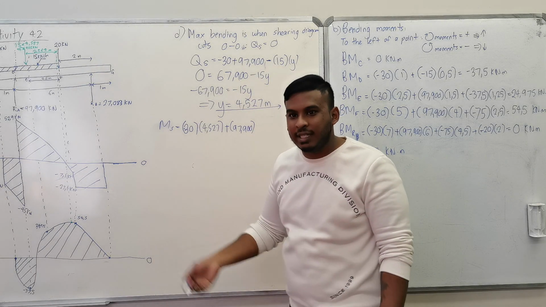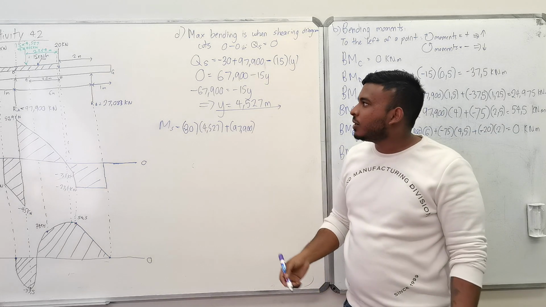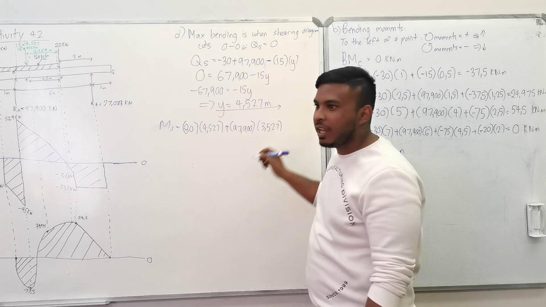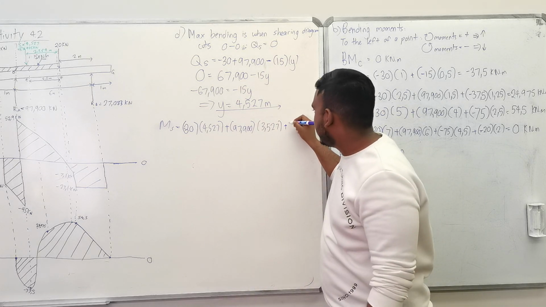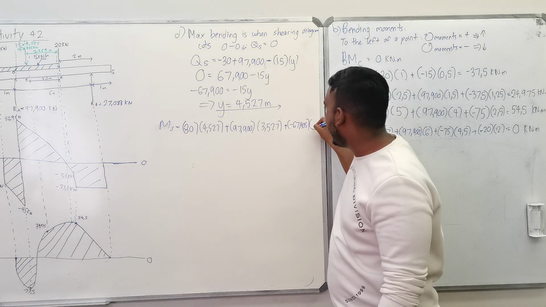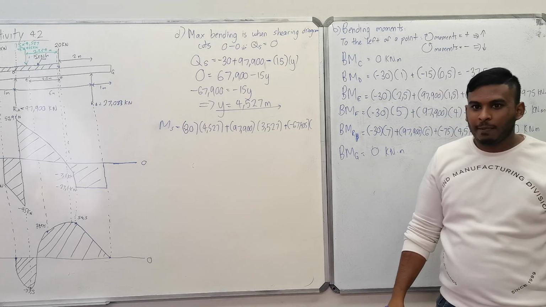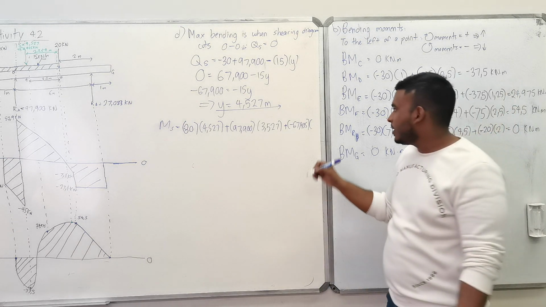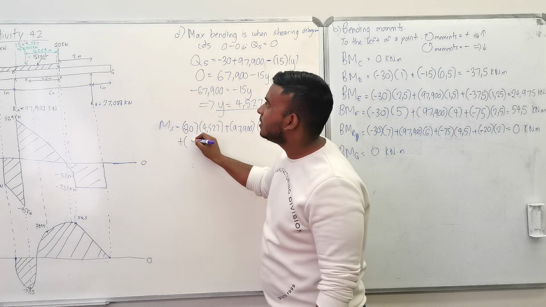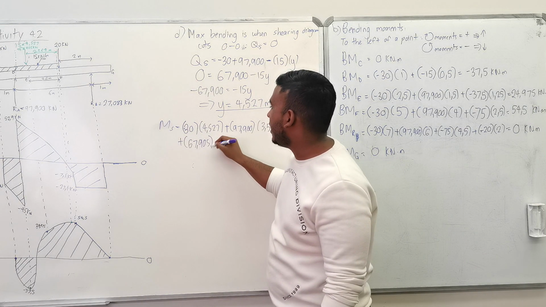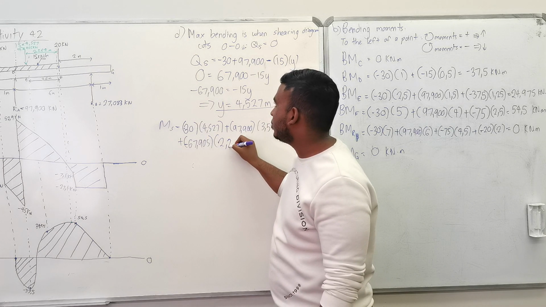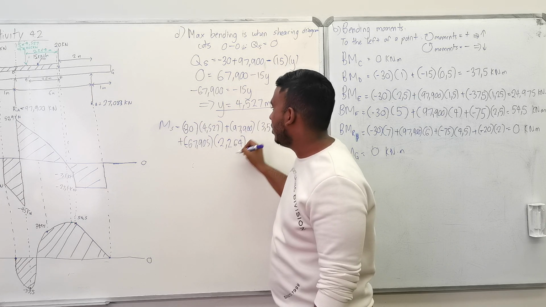How far away is that? 3.527. You understand, right? Plus negative 67.905. And how far away is that from the green line? 2.264. Right? I'm going to write it below: plus negative 67.905 times 2.264. Put that in your calculator.